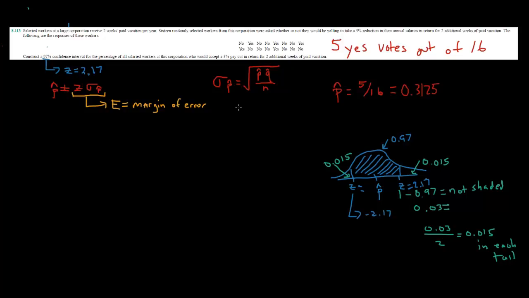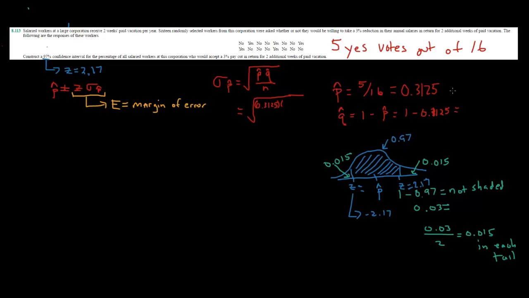Okay, so in this instance, it equals the square root of 0.3125 times, now p hat is 0.3125, so we need to find q hat. q hat is 1 minus p hat, which is 1 minus 0.3125.